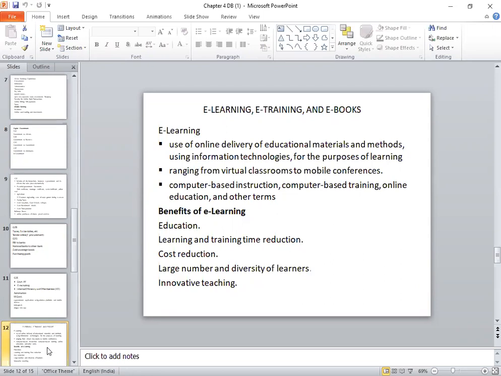Large number and diversity of learners, as there is no limitation of a geographical constraint. Anywhere in the world, the student can be, they can opt for it. Maybe they can just send the learning material to the student at any corner of the globe, and through the online mode, they can take the exams.